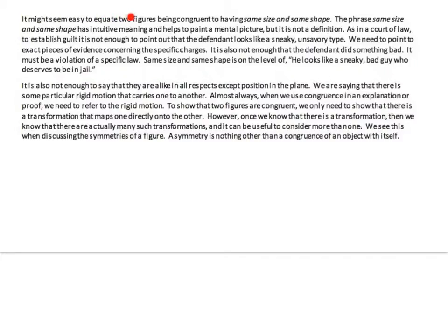It might seem easy to equate two figures being congruent to having same size and same shape, okay? The phrase same size and same shape has intuitive meaning. That means you sort of understand it without really knowing you understand it. Intuitive meaning and helps to paint a mental picture, but it's not a definition, okay? It's something that we think we understand, but it's not really the definition. As in a court of law, to establish guilt is not enough to point out that the defendant looks like a sneaky, unsavory type.